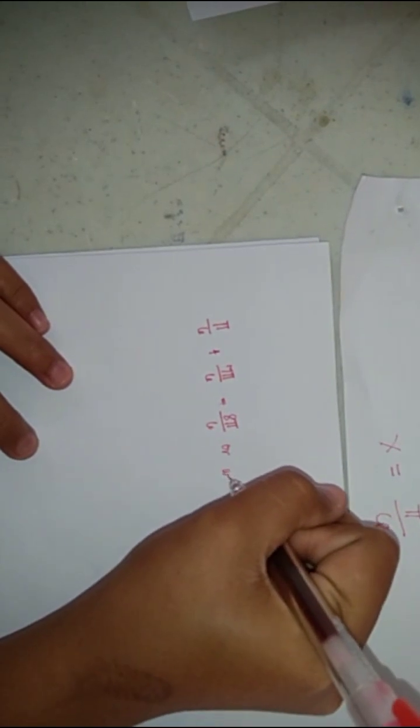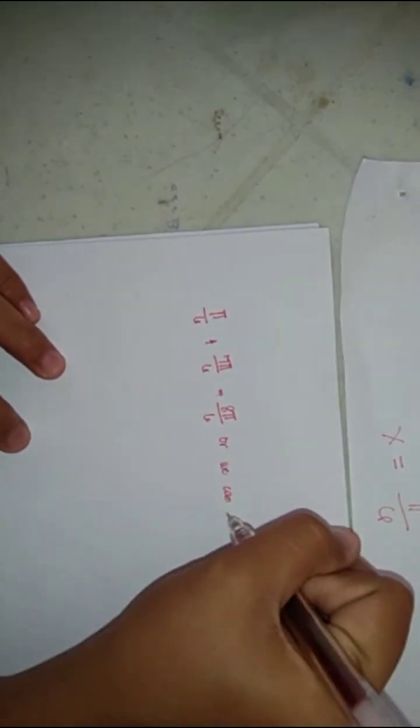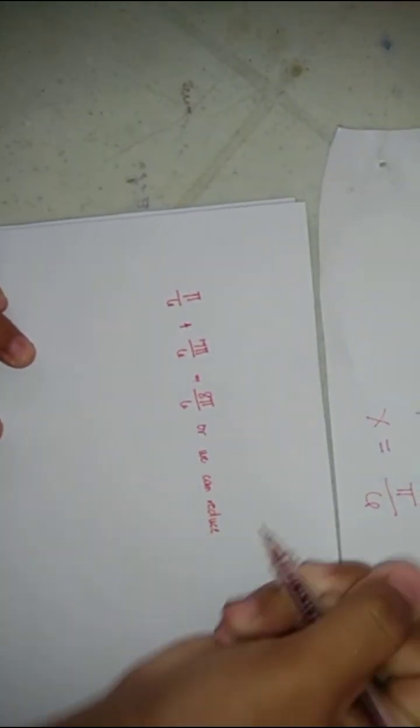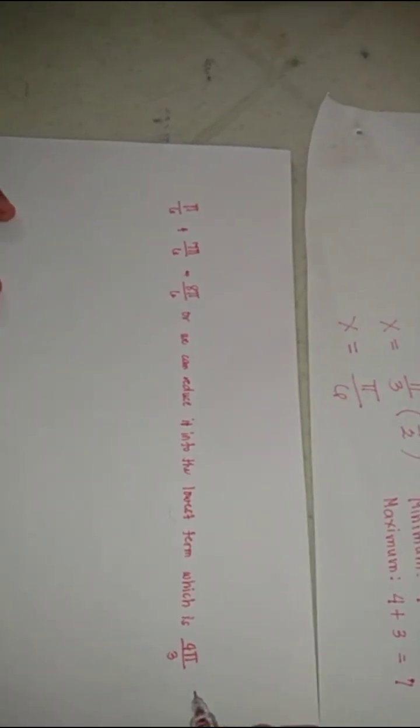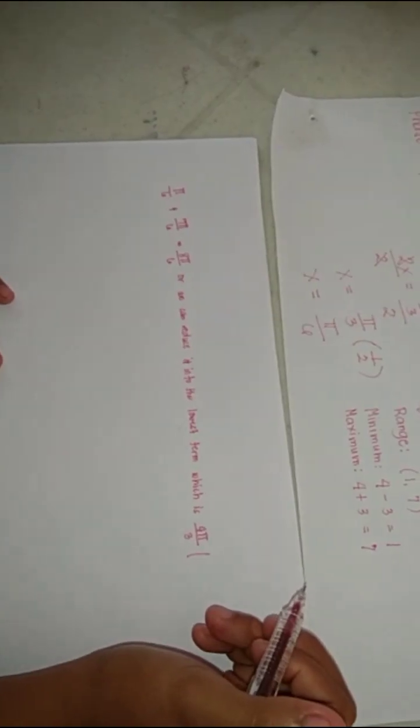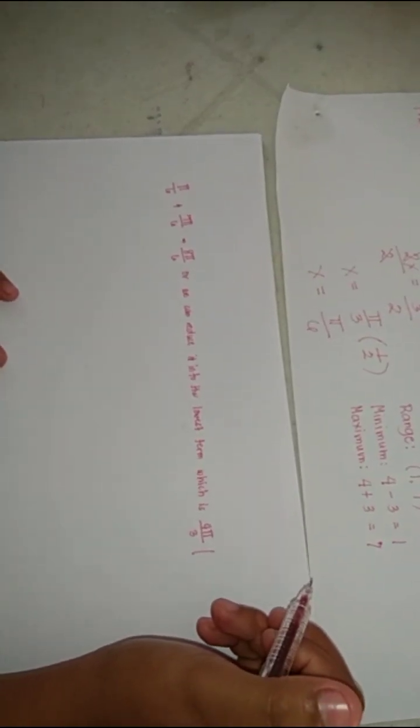Or we can reduce it to the lowest term, which is 4 pi over 3. And then divide it by 2, or multiply by the reciprocal of the divisor.